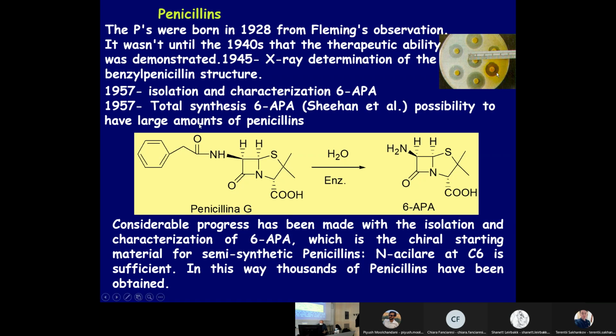In 1977, total synthesis in lab, Nobel Prize, Sheehan and collaborators. Because it's not so easy to synthesize, but they synthesized this compound in lab to demonstrate its chemical structure.